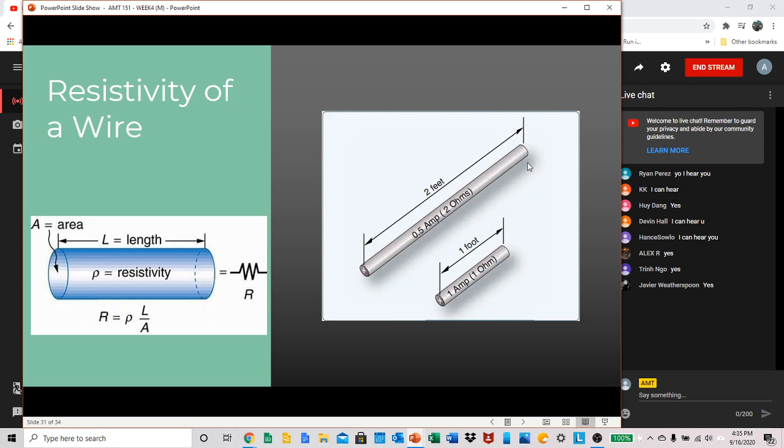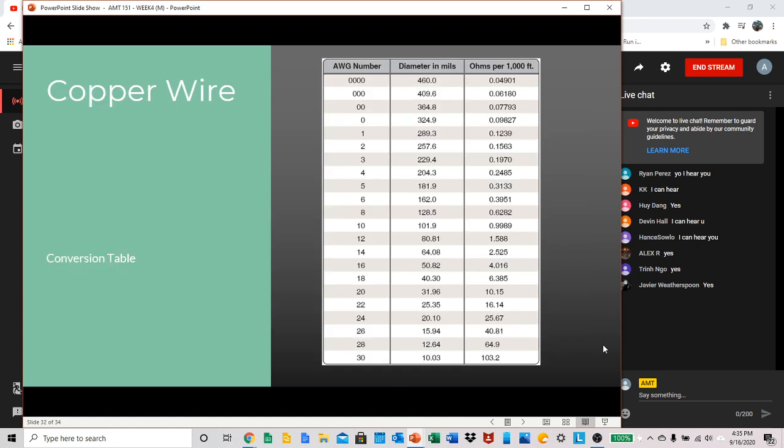So the longer your wire, the more resistance. The shorter the wire, you'll have less resistance. That's all I really want you to know about resistivity. We're not going to get too heavy into resistivity calculations, but you do want to know how those factors affect your resistance.